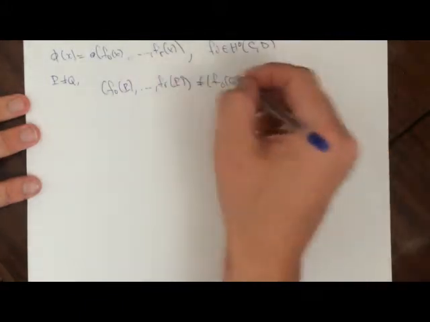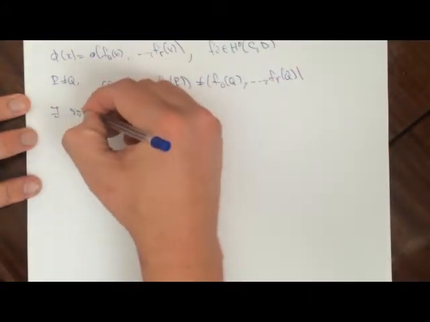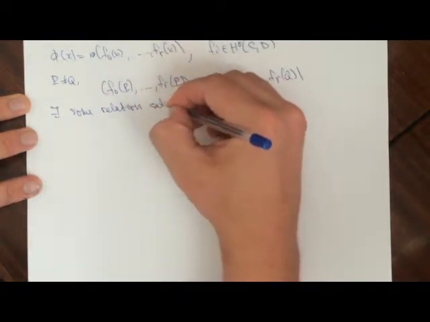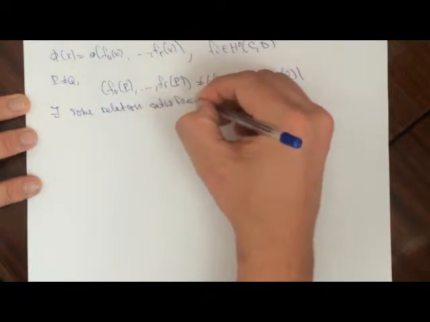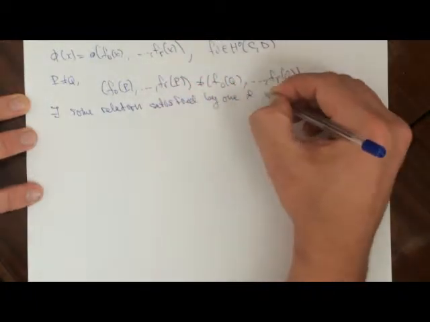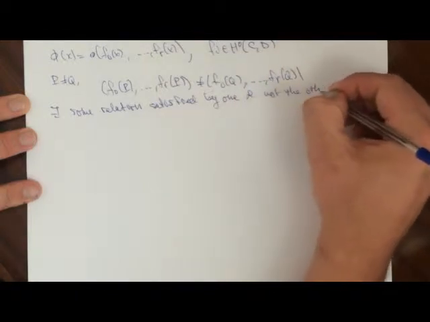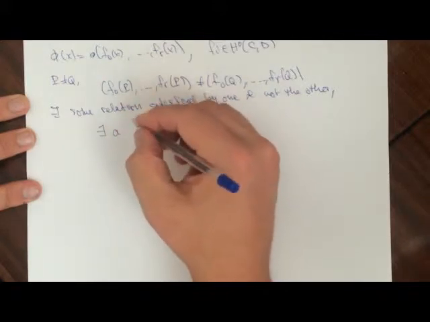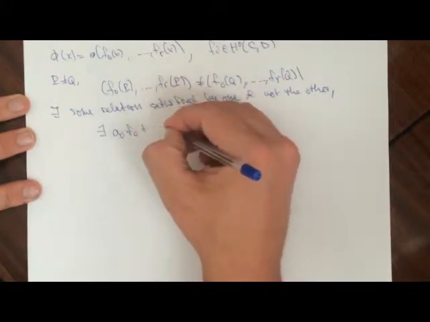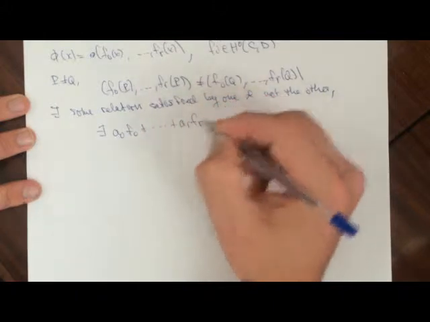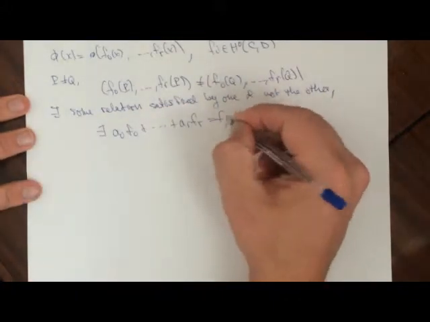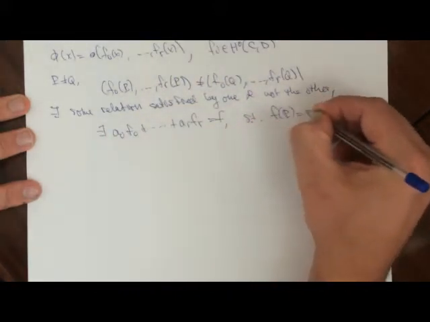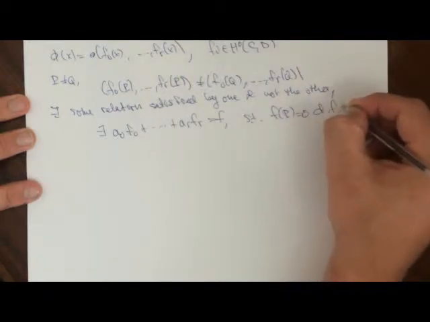Since these are not equal, there exists some relation satisfied by one and not the other. In particular, we'll take some linear combination of these, called f, such that f(p) is equal to 0 and f(q) is not equal to 0.